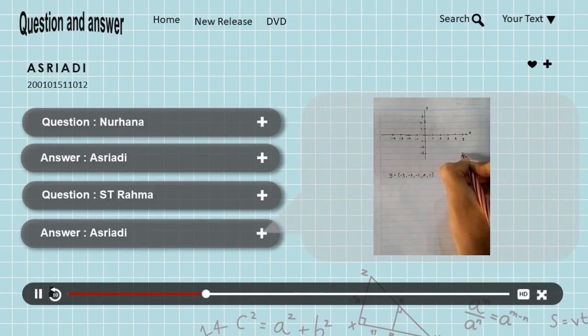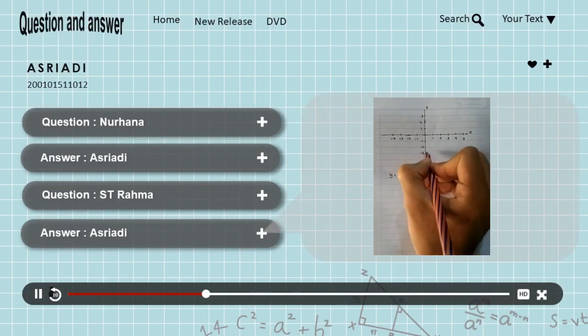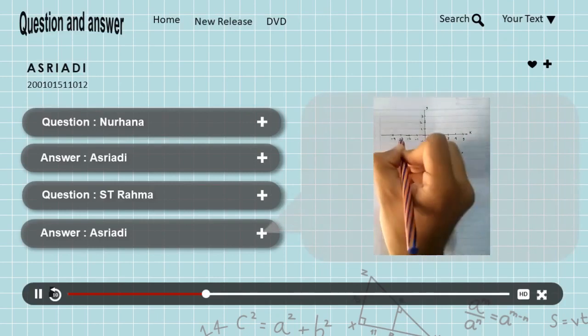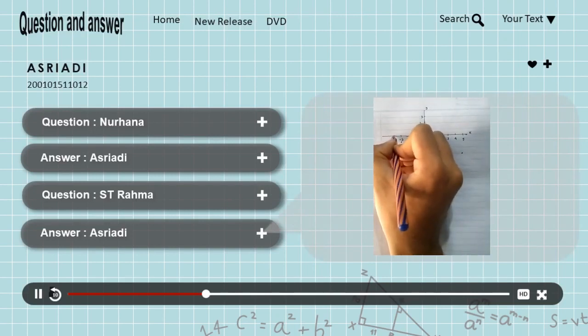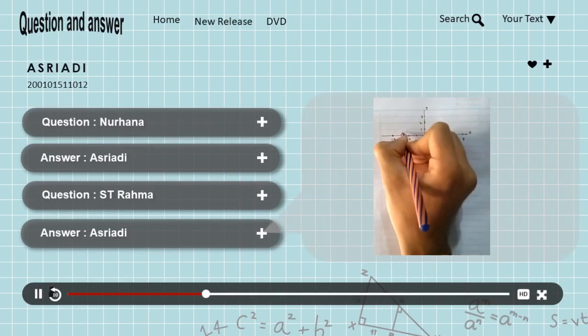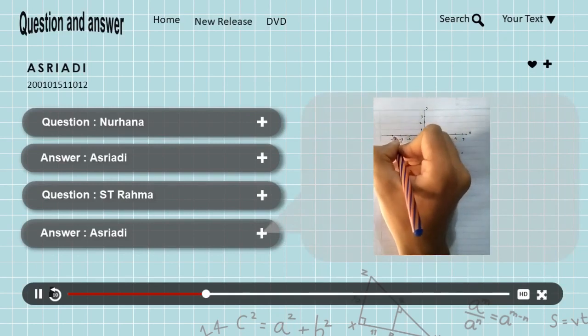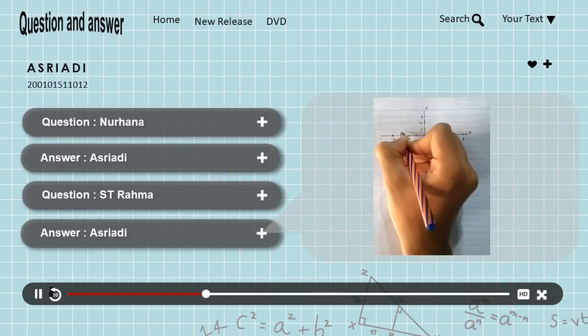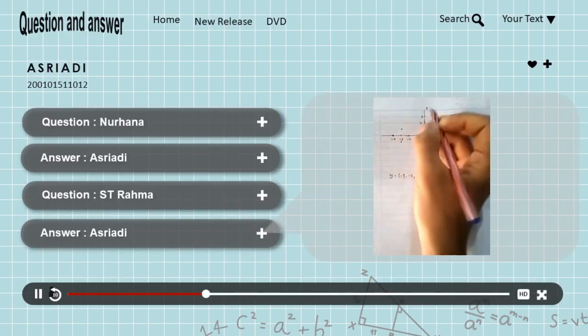Minus 5, minus 3, 0, comma minus 2, minus 3, comma minus 1, minus 4, comma 0, and minus 3, comma 1.